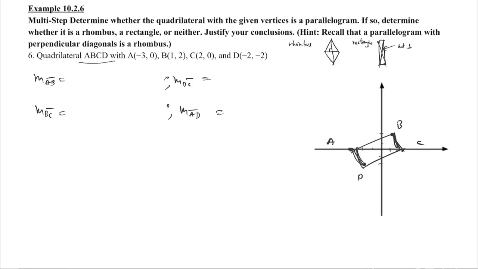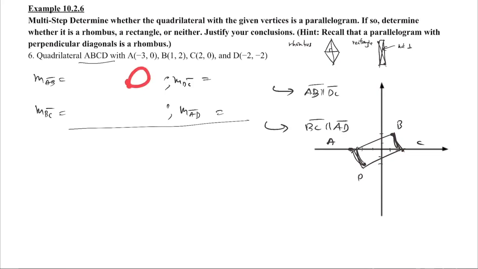I'm going to guess that because they're equal to each other, we could say that AB is parallel to DC. And over here, I'm going to assume that BC is parallel to AD. So your job is to show that this value and this value are the same, and this value is the same, using rise over run. Okay, y2 minus y1 over x2 minus x1.